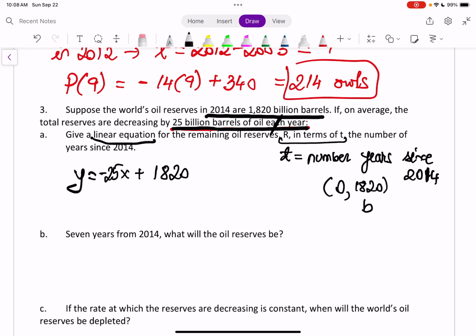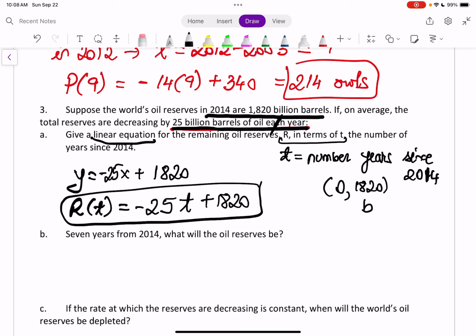So we're going down by 25 billion barrels per year. That's a rate of change, so therefore that's our slope. And one more thing, call the y by R, call the x by t, and here is your nice linear function. Okay.